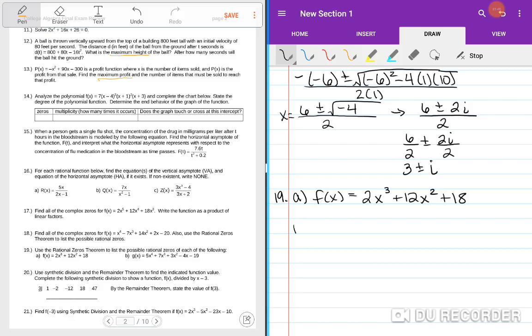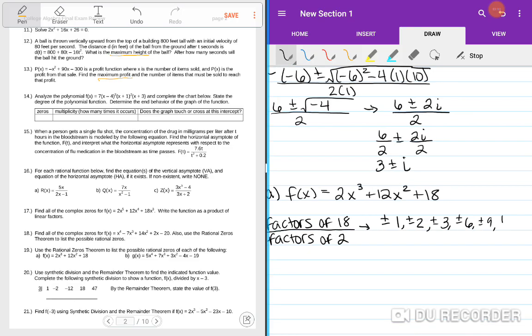Like I just mentioned, we want the factors of the constant, so factors of 18, divided by the factors of our leading coefficient, which is 2. So plus or minus 1, 2, 3, 6, 9, and 18. That's my numerator. And then for 2, plus or minus 1, plus or minus 2.